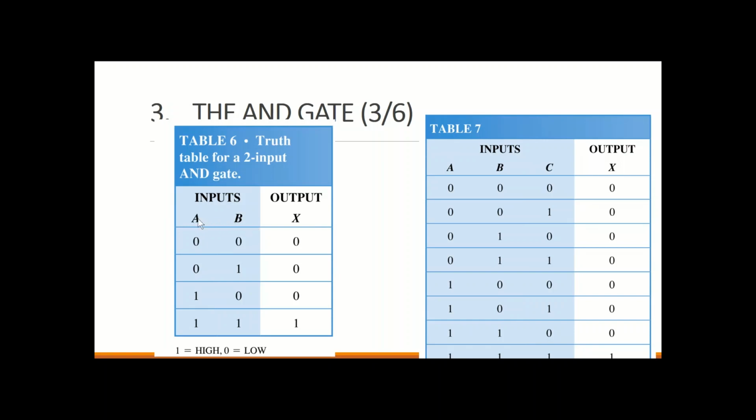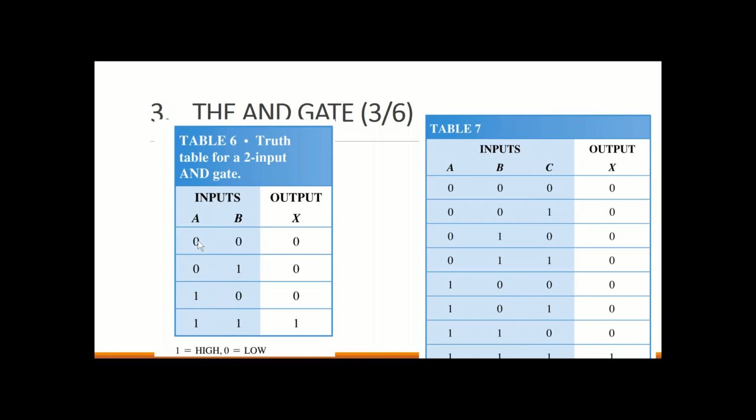That means 2 inputs, and in that case, what are we going to have? How can we cover all possibilities? We discussed this in discrete mathematics. For those who didn't take the class with me in discrete mathematics, no problem. In order for us to cover all possibilities, we need to list all the distinct cases. 0 and 0, 0 and 1, 1 and 0, 1 and 1. All of them are covered.